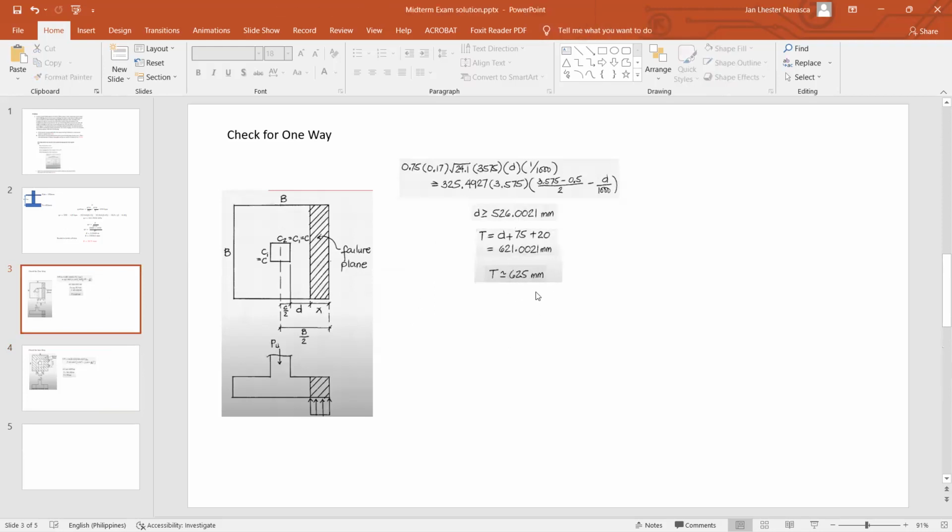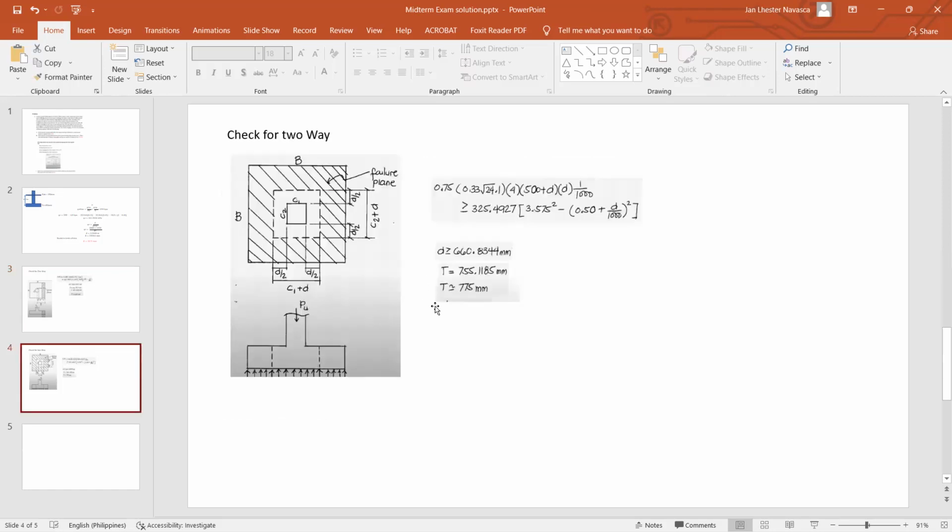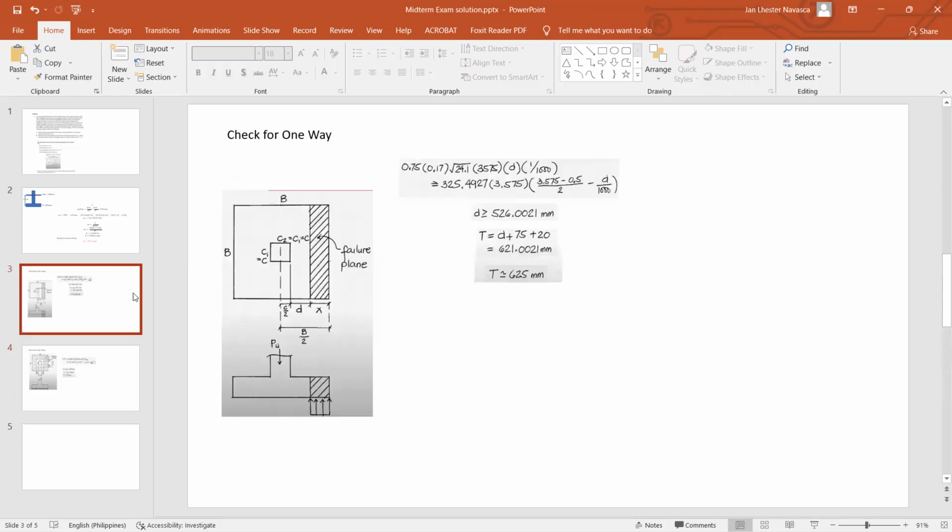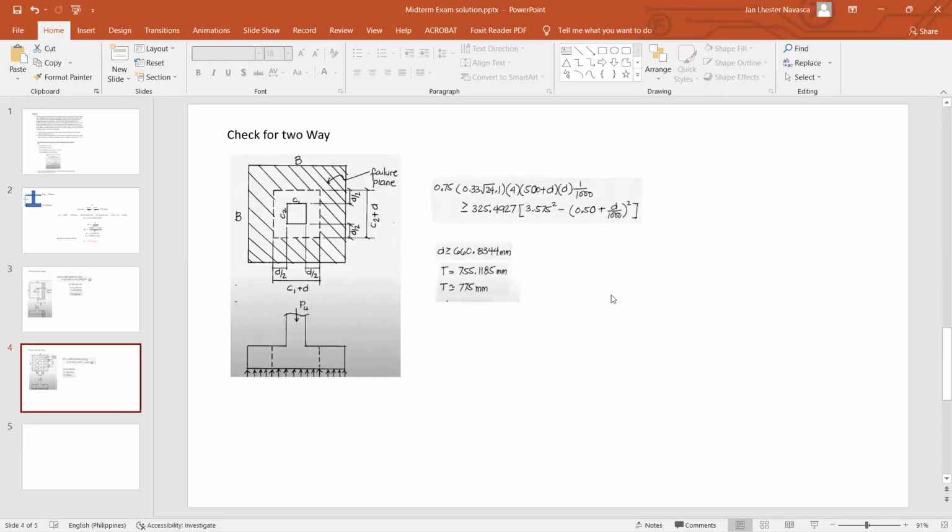So dito kasi your thickness should be greater than or equal to 625. This one naman should be greater than or equal to 775. So kapag pinili mo yung 775, pasok na agad siya sa one-way shear. Okay? So ganyan yung pag-solve for the design of the depth.